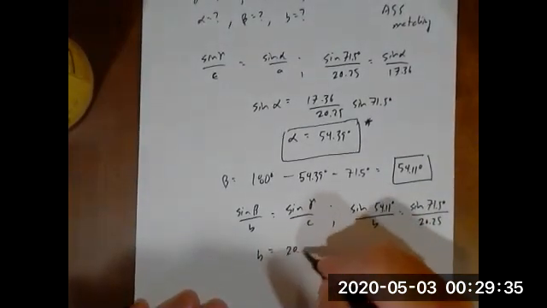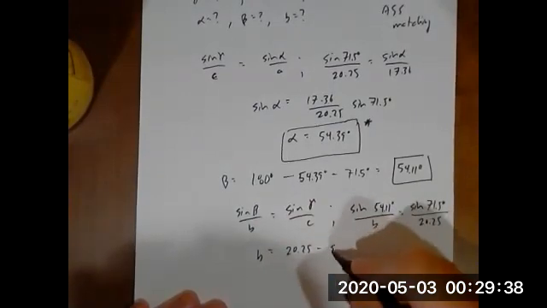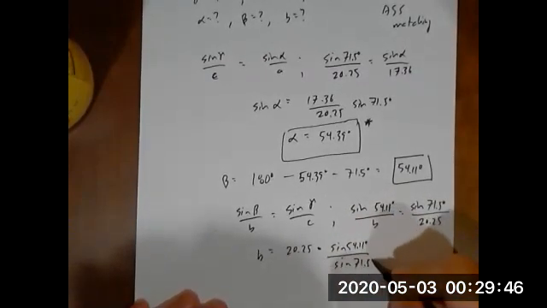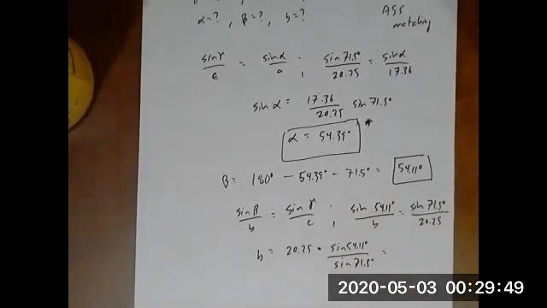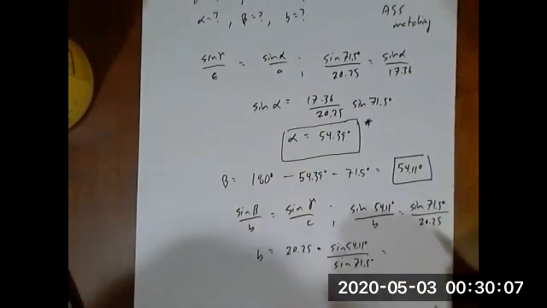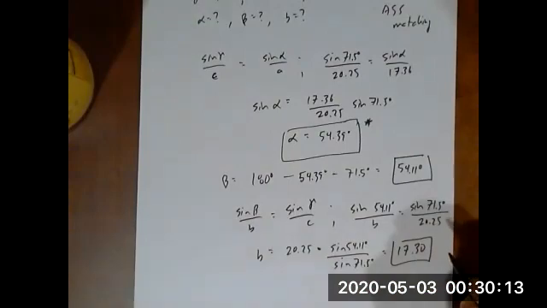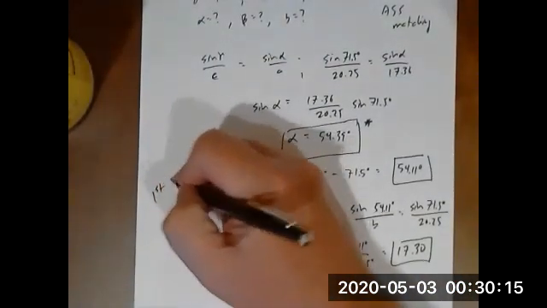It's going to be 20.25 times the sine of 54.11 degrees over the sine of 71.5 degrees. So 54.11 sine divided by 71.5 sine times 20.25, 17.30, which is correct. So this is the first triangle.